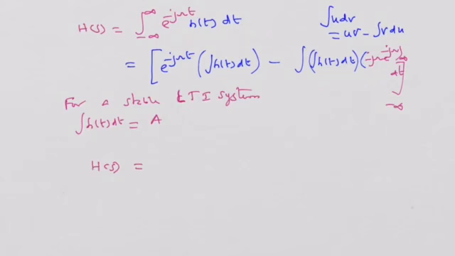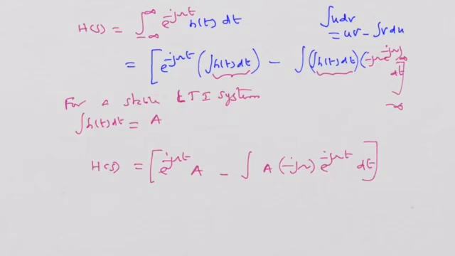Think about it. e power minus j omega t will remain as such, and then this is a constant, a, minus the integral, minus j omega into e power minus j omega t dt.